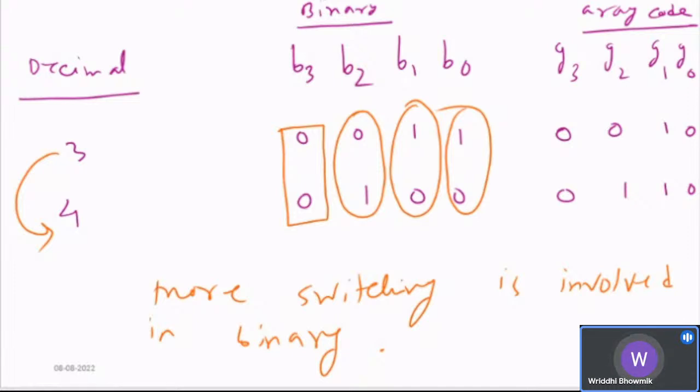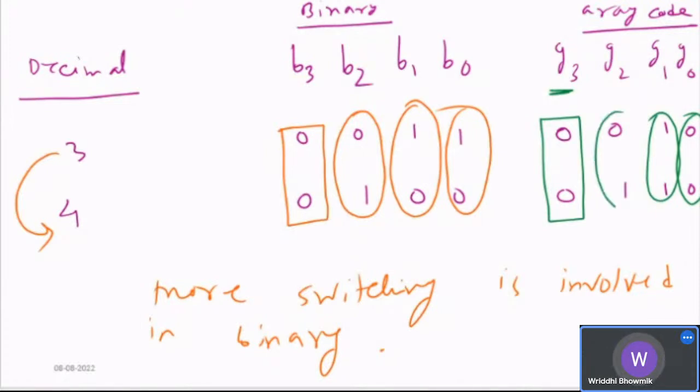But in case of gray code, in position G3, you see there is no switching. In position G1, you see there is no switching, 1, 1. In case of G0, you see there is also no switching, 0, 0.